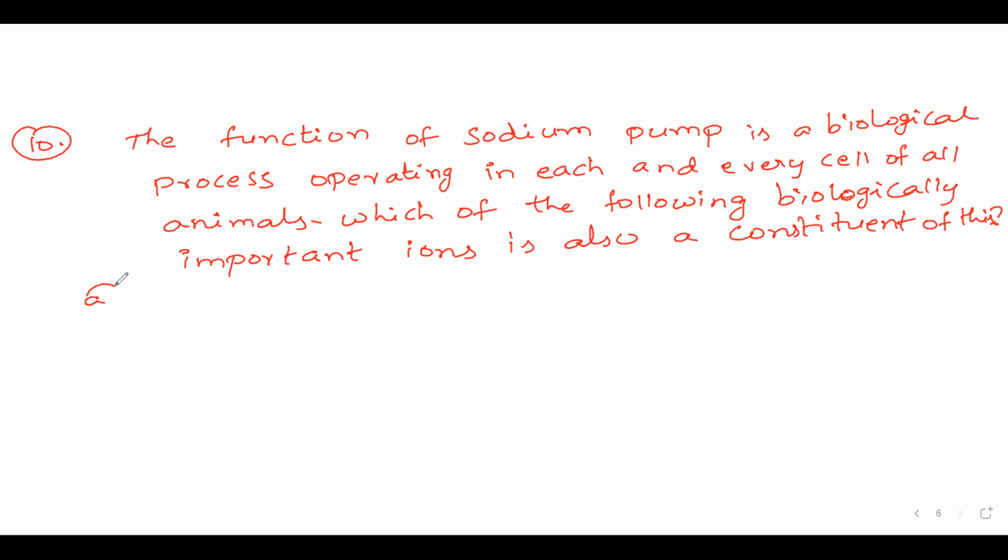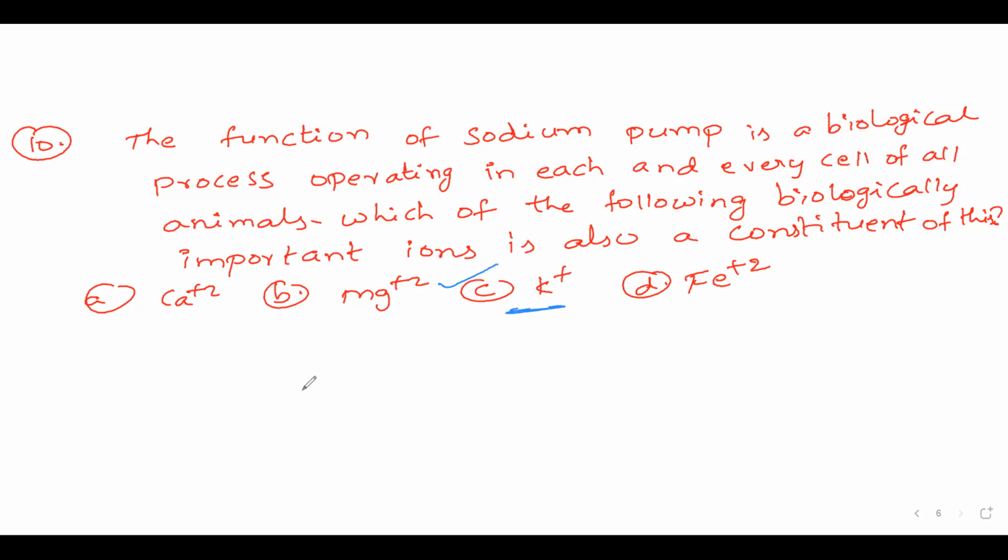Option A, it is calcium ions. Option B, magnesium ions. Option C, potassium ions. And option D, iron ions. We know already the biological importance of sodium and potassium. So in sodium pump, potassium is also present. So the answer is potassium ions.